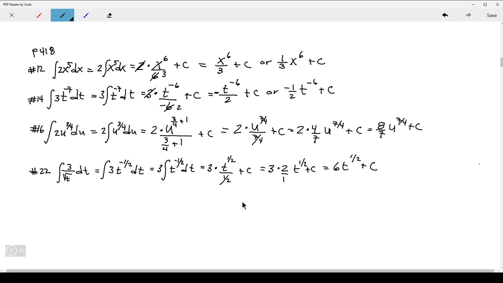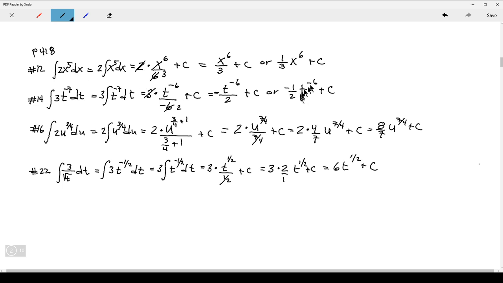Now here's the nice thing about every single one of these. I can check them because I know how to take derivatives. So I would check this by taking the derivative of this. You bring the 6 down, and I have 6 over 3, x to the 6 minus 1, 5. 6 over 3 is 2, so that's 2x to the 5th.